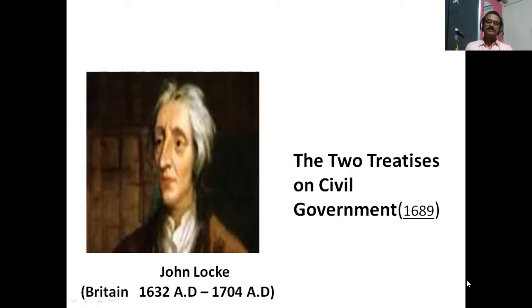And this book, the Two Treatises on Civil Government, dealt with two important aspects. He was strongly denying the existence of divine right theory, and he was proposing the natural rights theory, limited government based on constitution, which protects the natural rights of human beings.